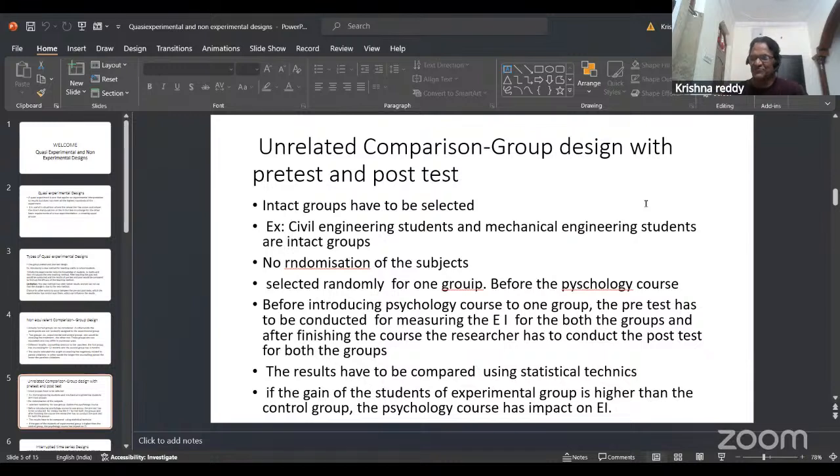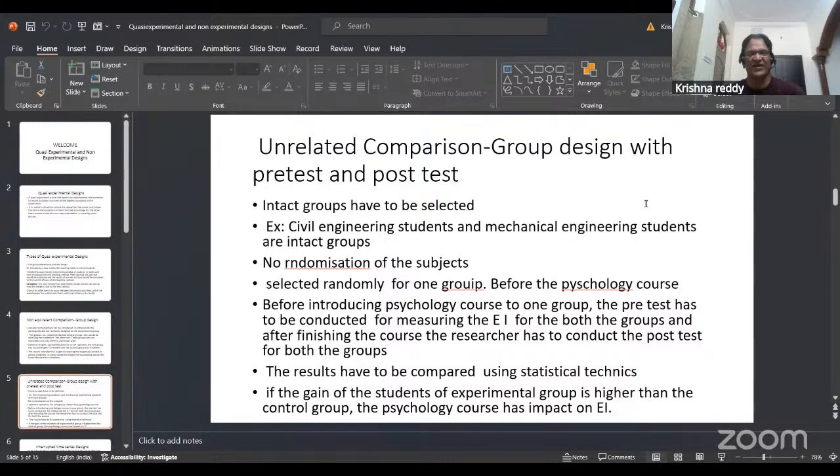So already the mechanical branch students and the civil engineering branch students are the two groups the experimenter has considered for the experiment. No randomization of the subjects is done. The groups are already intact, formed by the institution itself because of the branch.